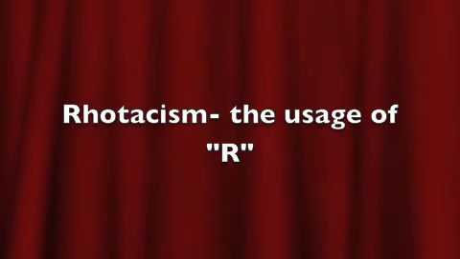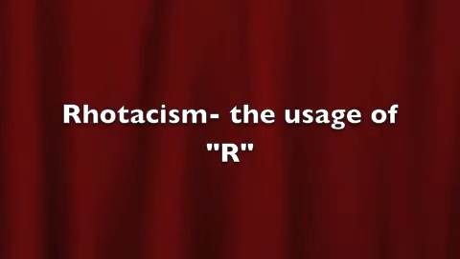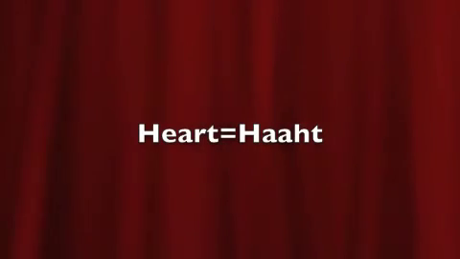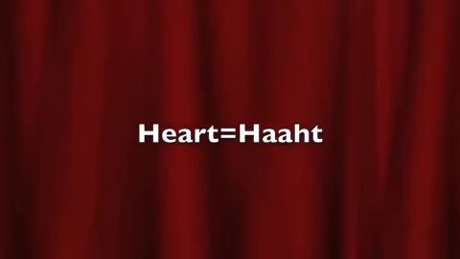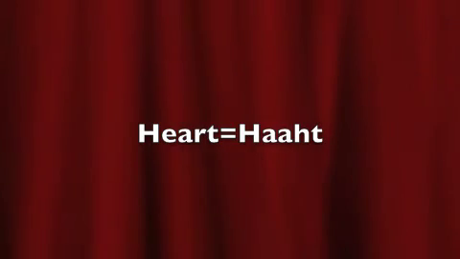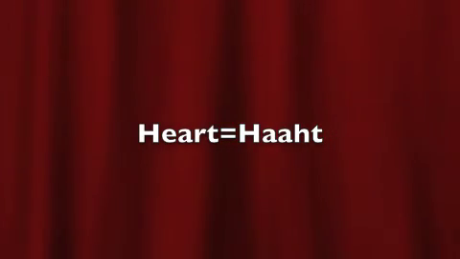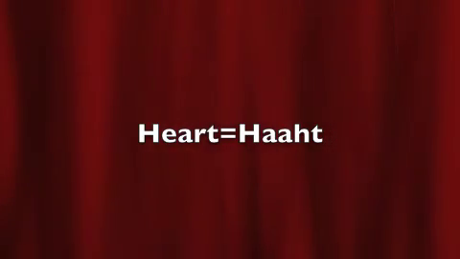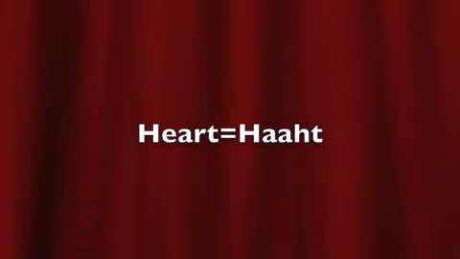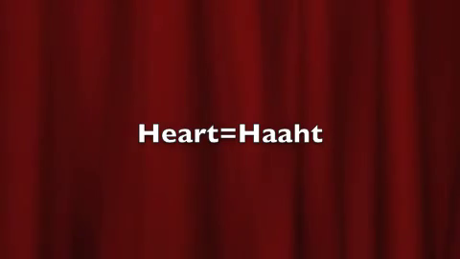This means that the English do not pronounce the R, making words like heart sound like hot. Before and during the American Revolution, however, the English in the colonies and in England were rhotic, meaning that they did pronounce the R. After the American Revolution, rhoticism became very popular in England as a signifier of upper class.